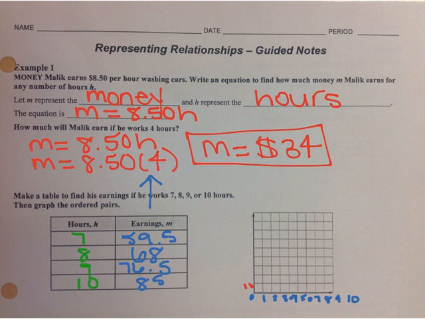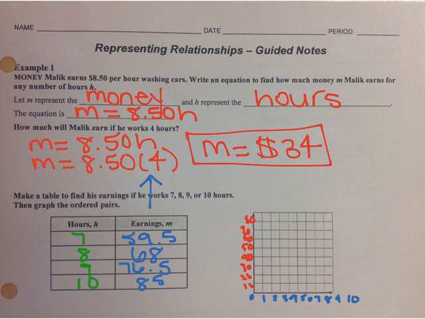So we're going to have 10, 20, 30, 40. Let me go ahead and erase that because that's a little unclear. So 40, 50, 60, 70, and 80.